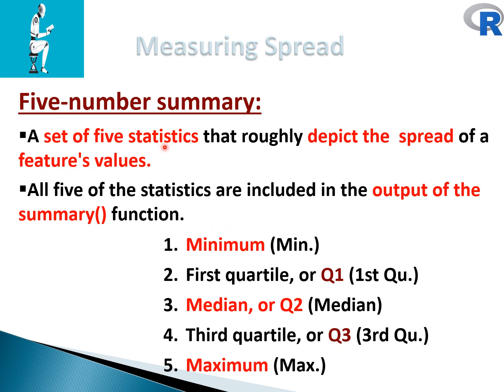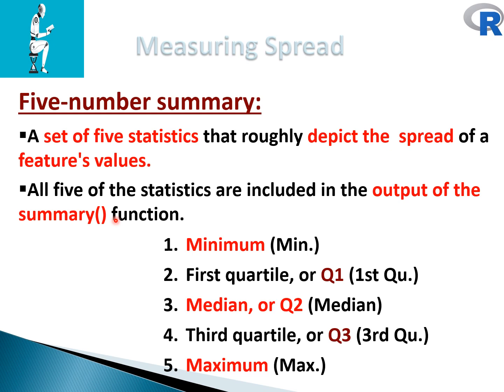And in R programming we have a function called summary, which gives the summary of 5 different statistics measures, a set of 5 statistics that roughly depict the spread of a feature's measure, and all 5 of the statistics are included in the output of the summary function.